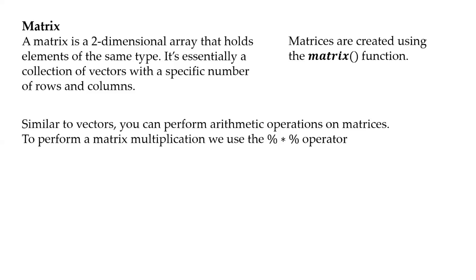If you use just the star to multiply two matrices, it will multiply them element-wise. It will pick the first element and the first element in the second matrix and multiply them. But I know most of us know what matrices are and how matrices are multiplied, so the single star will not do. In R, if you want to do a matrix multiplication, you use a percent sign, then the star, and then another percent sign.